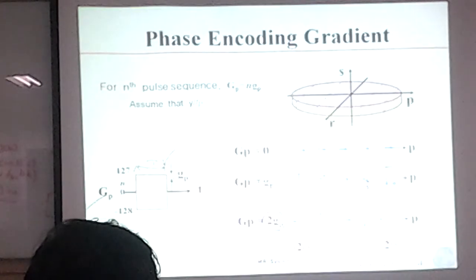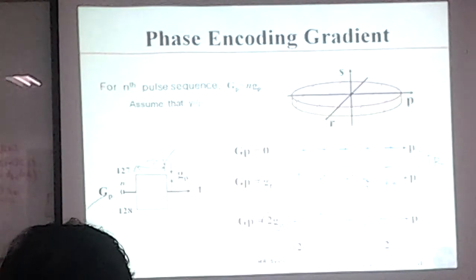If the time interval of each gradient applied is the same, TR, I will explain later about TR. Usually we call this the repetition time, because this phase encoding gradient is applied every TR time interval.